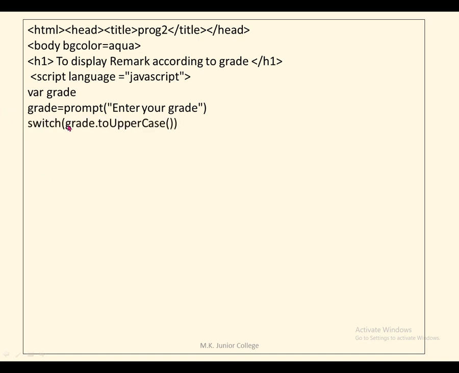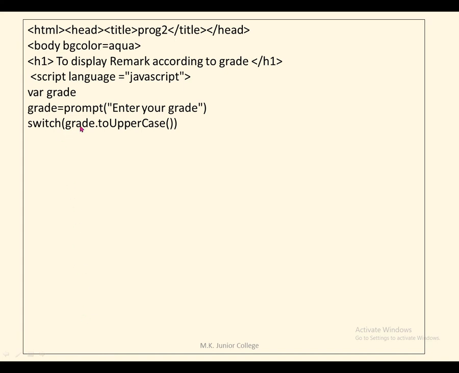Now switch. Look at this statement, what I am writing: grade dot toUpperCase. You remember this function. We saw it in functions. That's why all the related lectures were very important to attend. Grade dot toUpperCase, and why am I writing this? We'll see later on. Here I am checking according to the grade, switch to the number of cases.